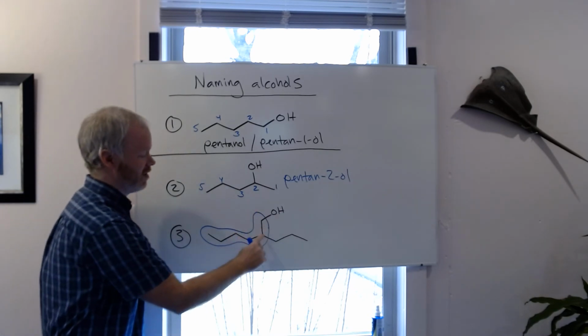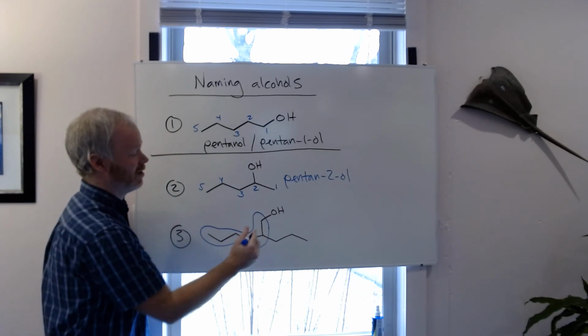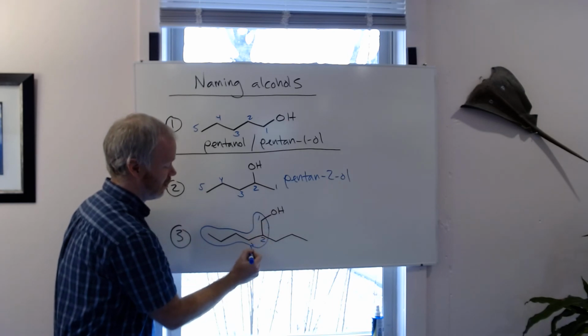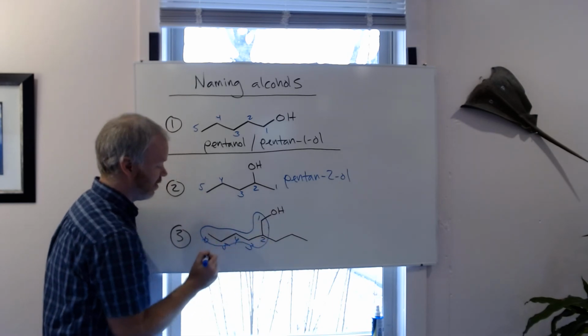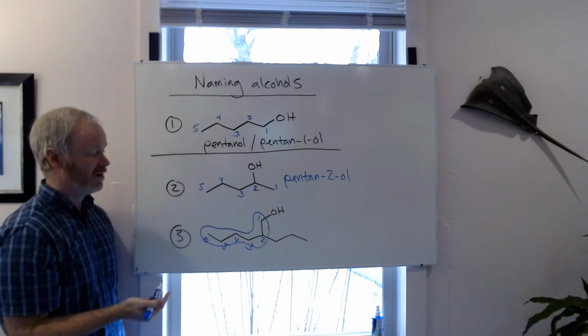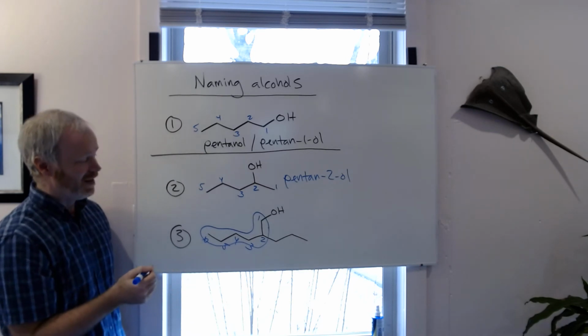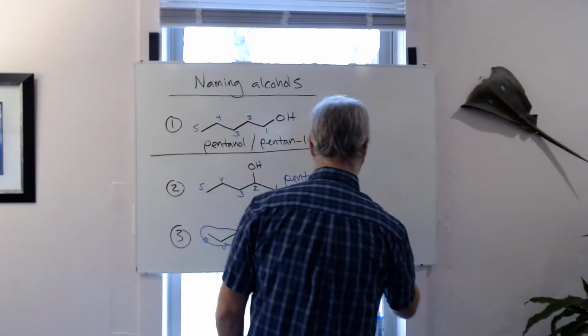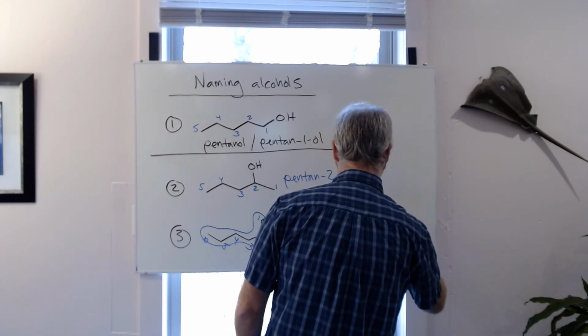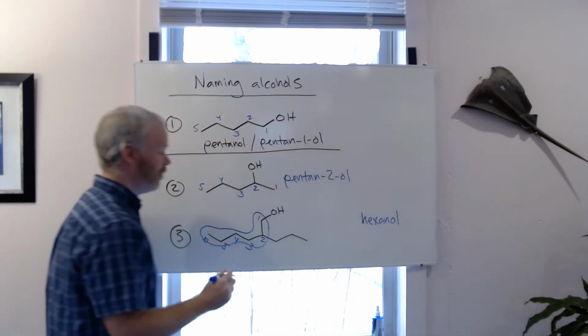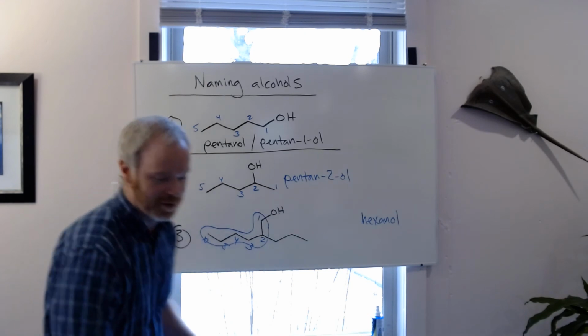So the longest chain here then has to include the alcohol, start the numbering. All right, so this is a 6 carbon alcohol. So this would be a hexanol. Right? But we also have this group here on the side as well.